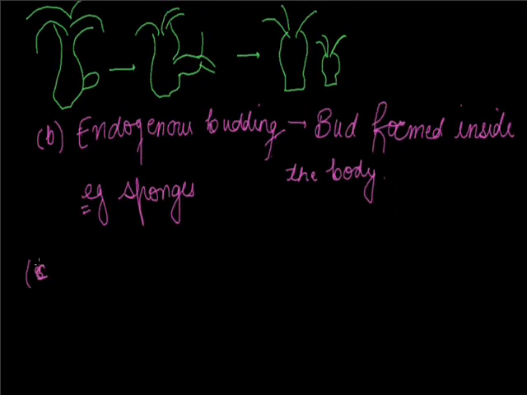The second type of asexual reproduction is fragmentation. Fragmentation is a type of regeneration in which lost parts or new organisms originate from the fragments of the parent cell.